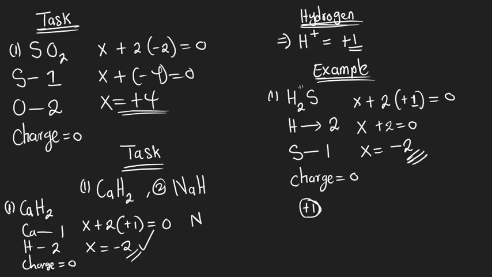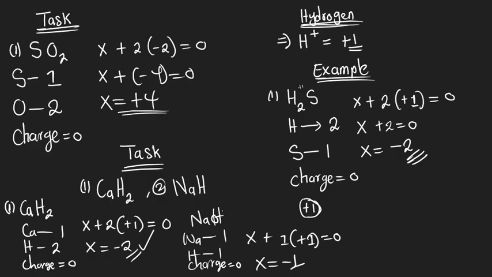Then for this one, sodium 1, hydrogen 1, charge 0. So this is going to be x plus 1 multiplied by +1 equal to 0. So x is going to equal -1. Correct. You've understood the concept.